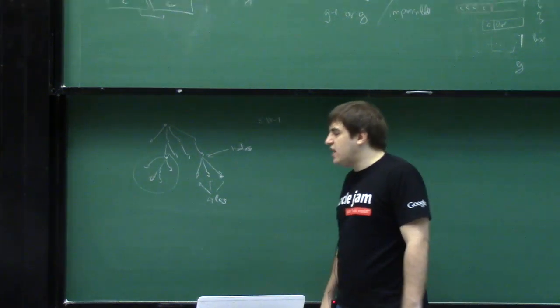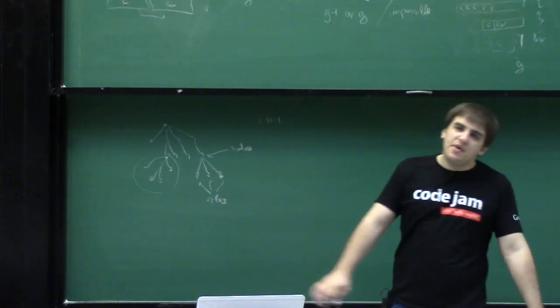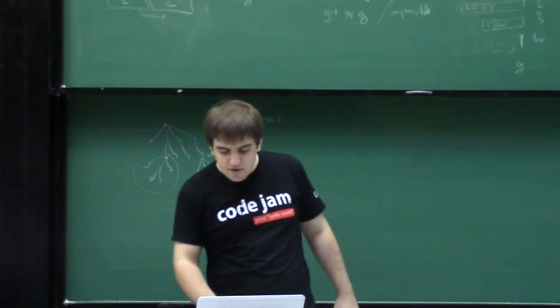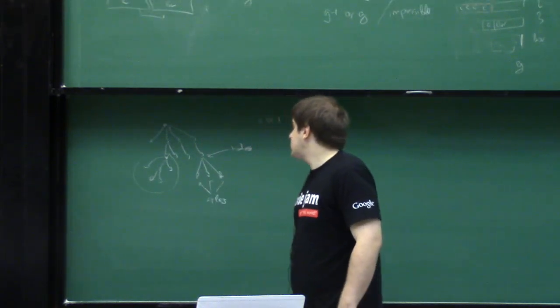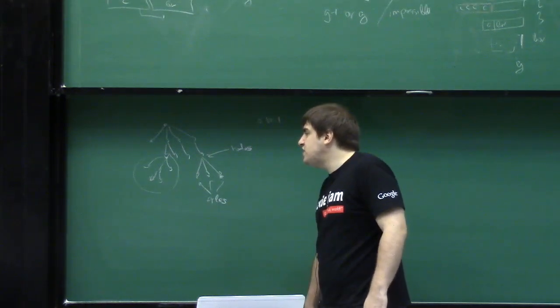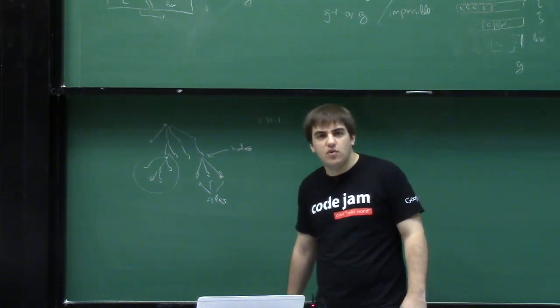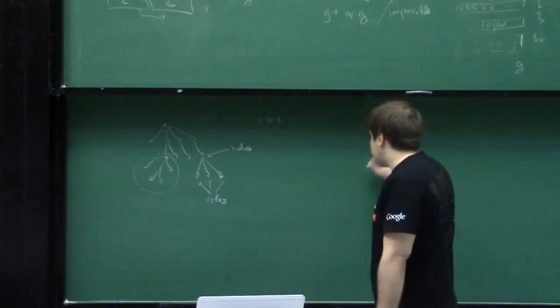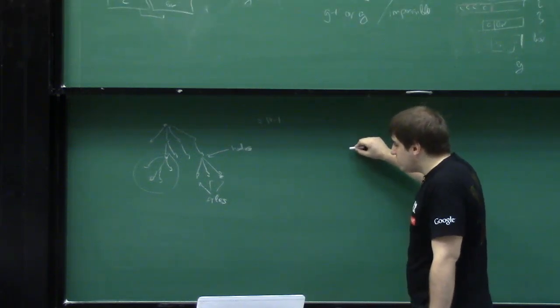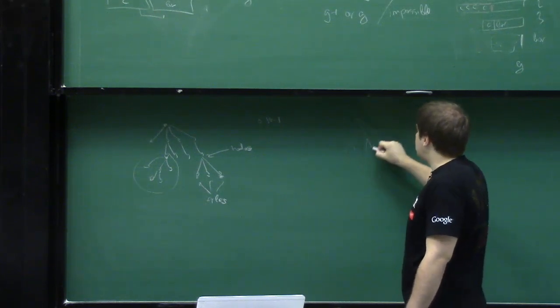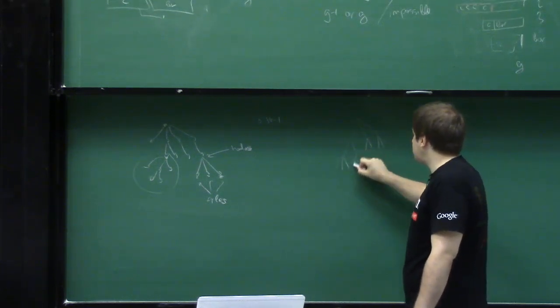How can this be done? It may be done using dynamic programming, but it will be really slow because you will have to keep many states. So this actually can be done using some greedy algorithm of the following kind. You start from the whole tree, do a DFS, a depth first search.